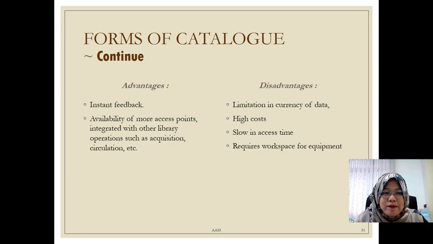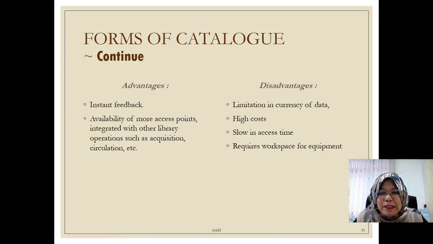As advantages, it has instant feedback, availability of more access points, and integration with other library operations such as acquisition, circulation, and so on. So we can just extract the information from the different departments.